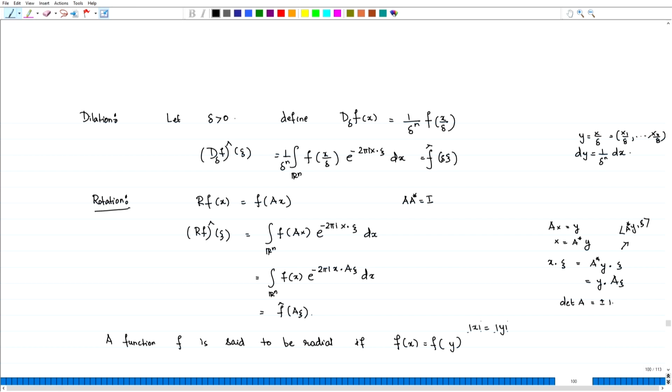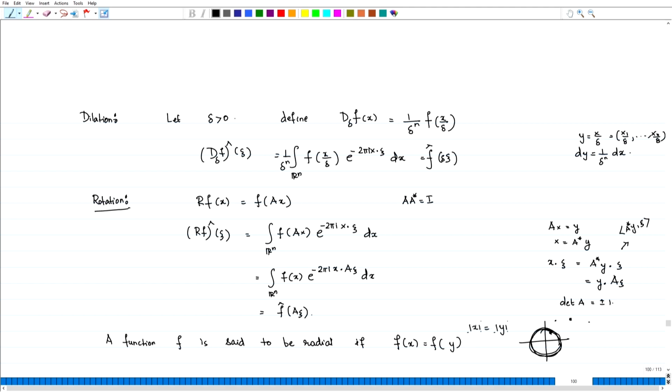That means this function is going to be determined by, if this is x, wherever it is lying over here, x is lying here or here, whatever. So, f is going to take the same value on this sphere, the sphere of radius mod x and centered at 0.